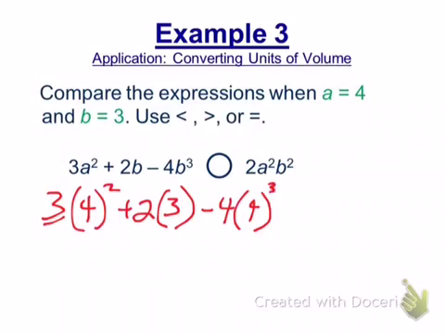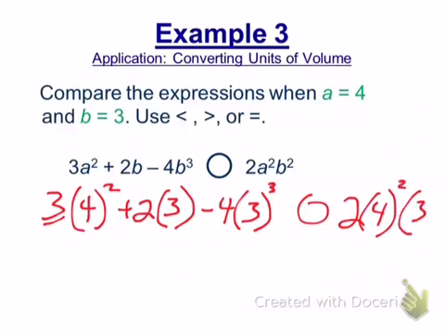Nope, I messed up. See? B is 3. On the right side, we'll have 2 times 4 squared times 3 squared.